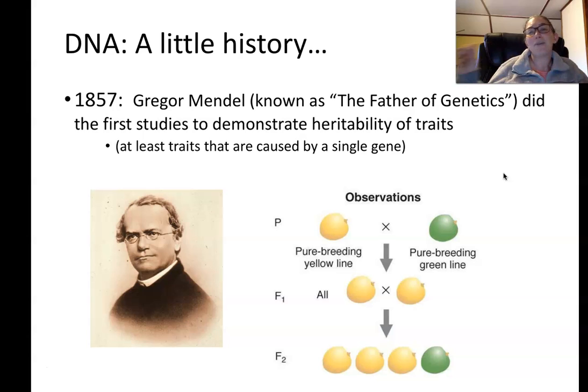So there was still no concept of DNA, but he was able to get repeatable results in terms of his statistics. If you had a yellow pea and a green pea and you crossed them, you would always get yellow peas, always.